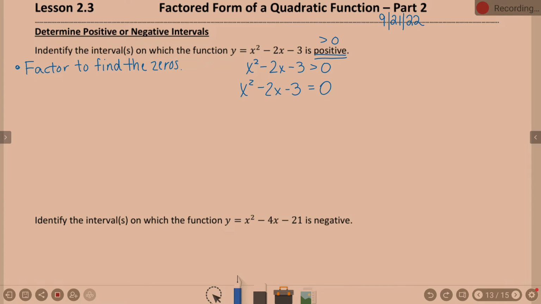Does my equation equal 0? Is there a GCF? No. Can I factor this into 2 parentheses automatically, or do I need to go by way of product of AC? No. You can go straight to parentheses, because it is 1x squared.